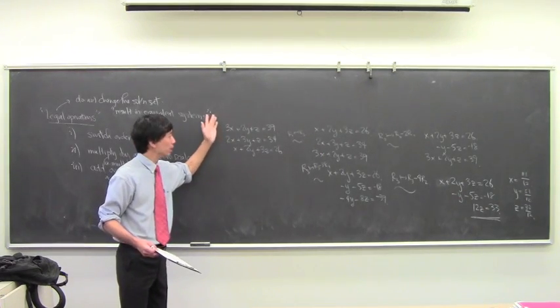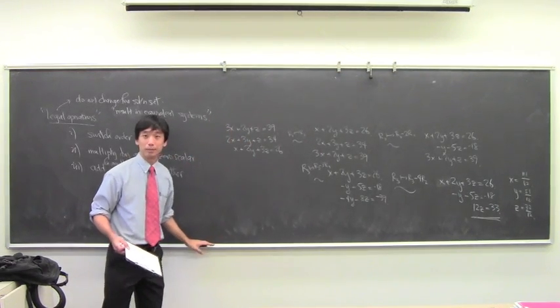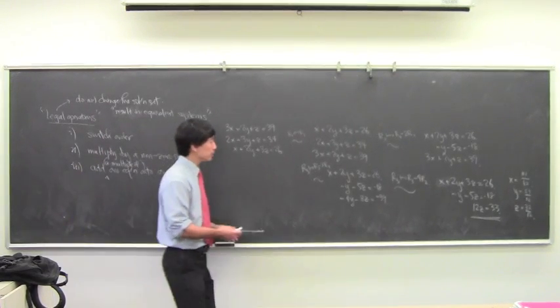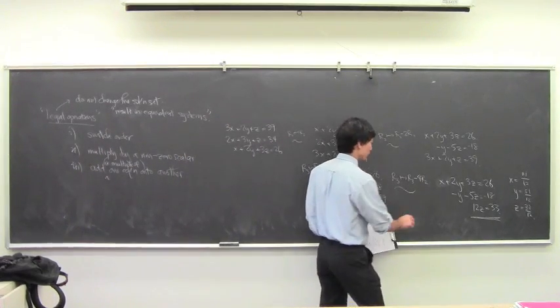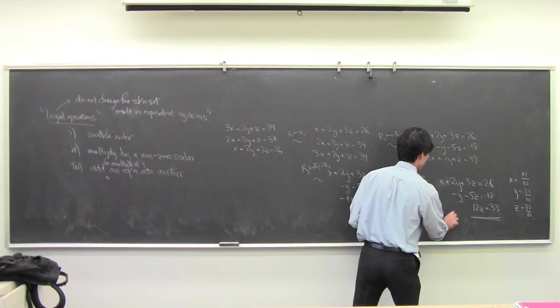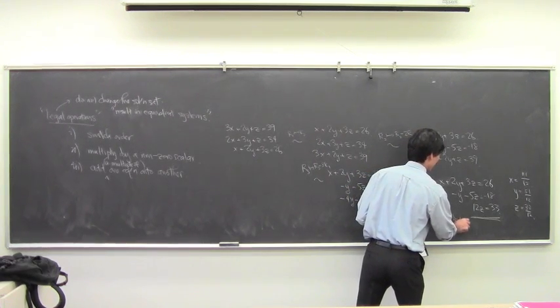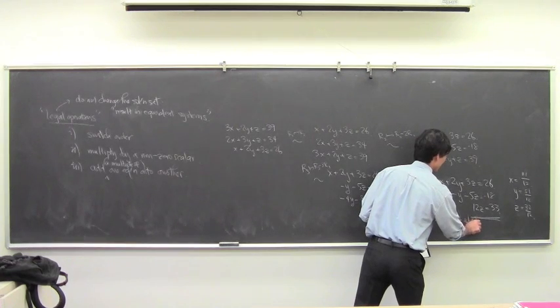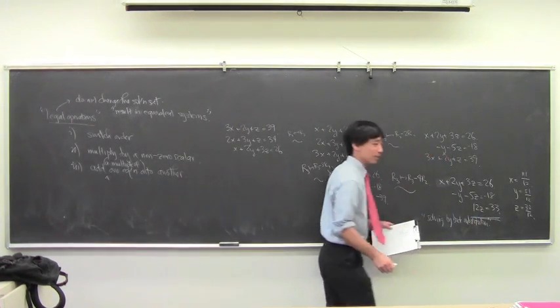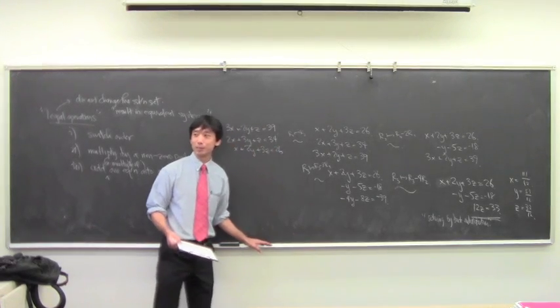This original system has a unique solution, namely that one. Okay, so this last part is called solving by back substitution. Don't worry, I doubt I will ever say this again. It's not that important a phrase.